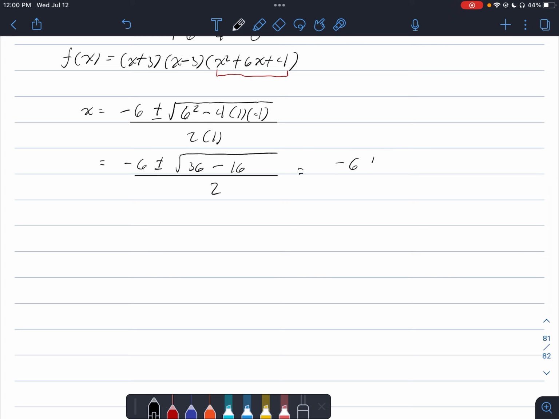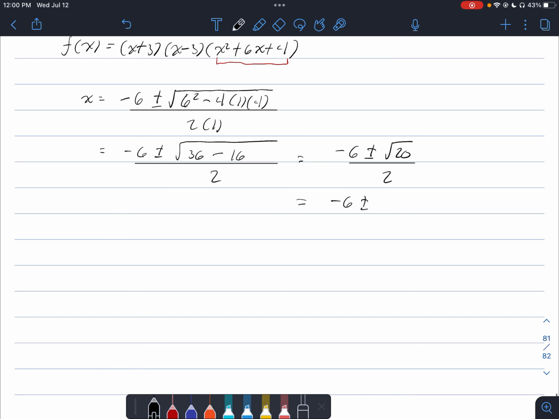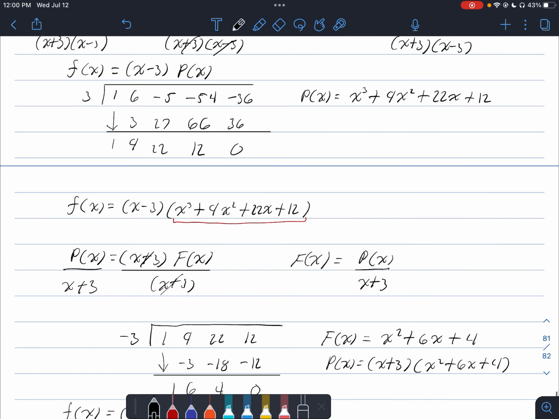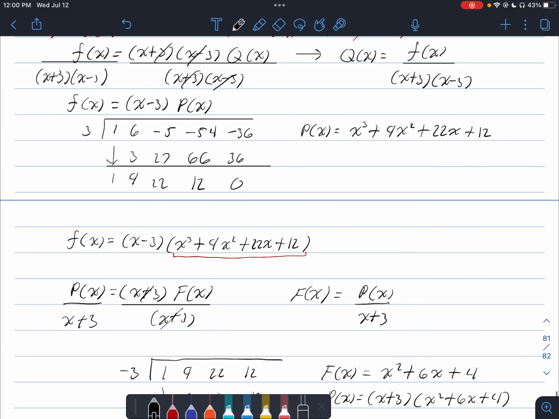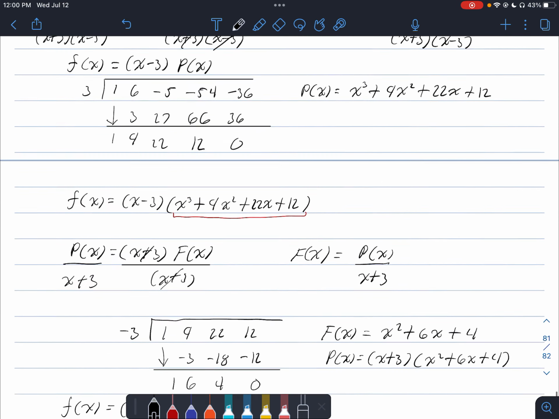So we'll have -6 plus or minus the square root of 20 over 2. Okay, we've already done the square root of 20, so we can use our previous example, which we said was 2 times the square root of 5.